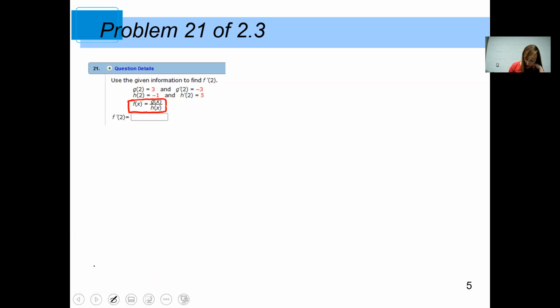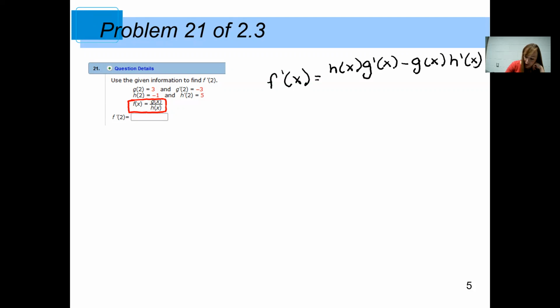And f is presented as a quotient of two functions, g and h. So for f prime of x, we have low d high minus high d low, all together over low, low.